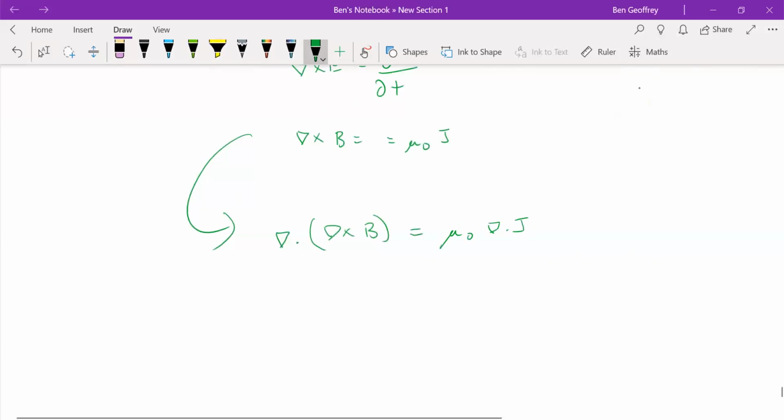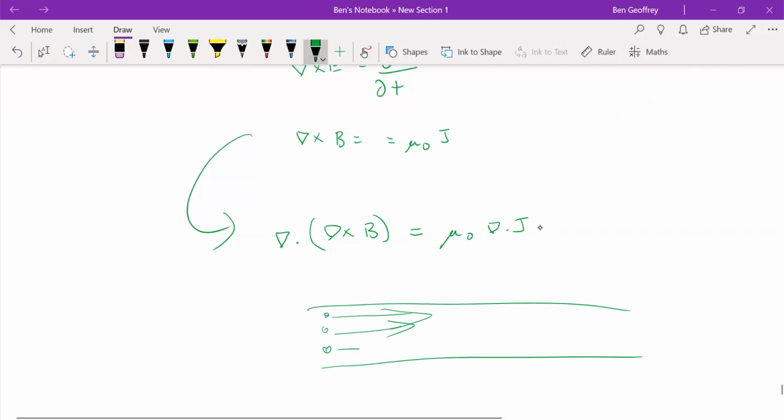So now the left hand side is zero always by identity. But the right hand side is zero only when the charge is flowing uniformly. So supposing there is a conductor here, and the charges are flowing uniformly, then the divergence will be zero.